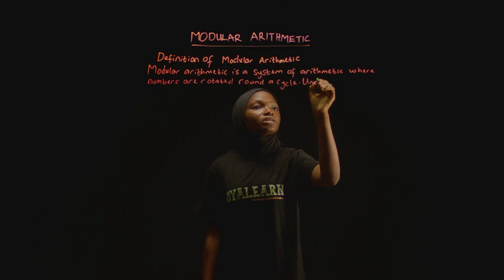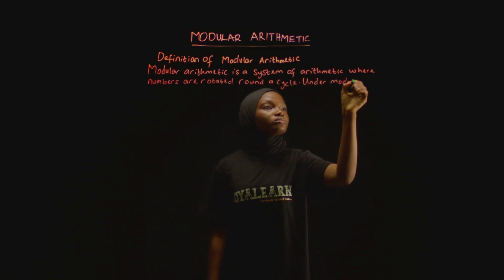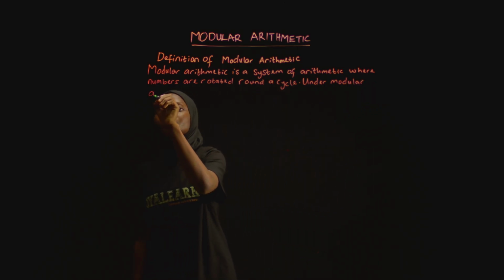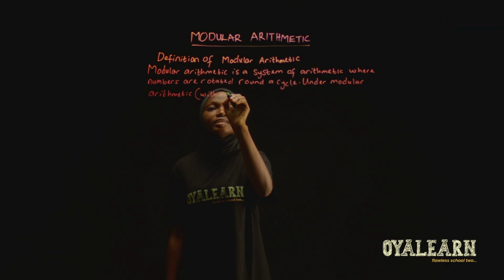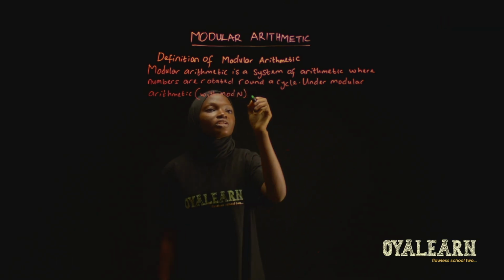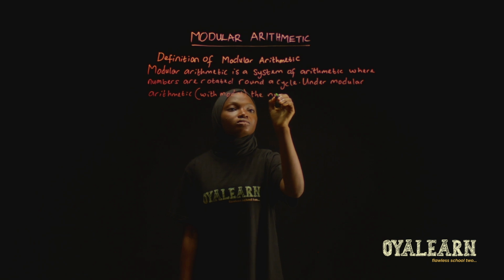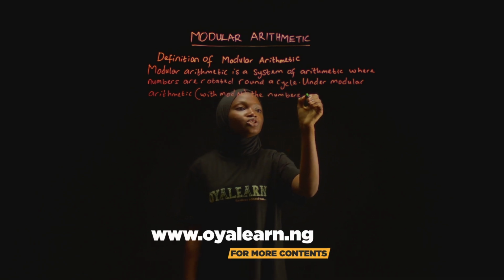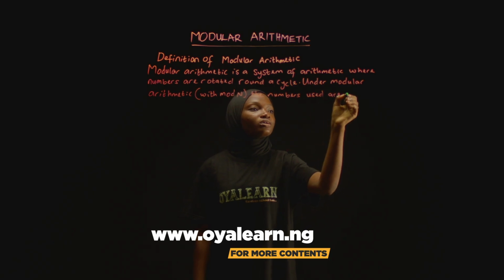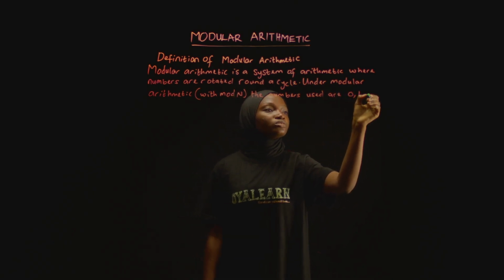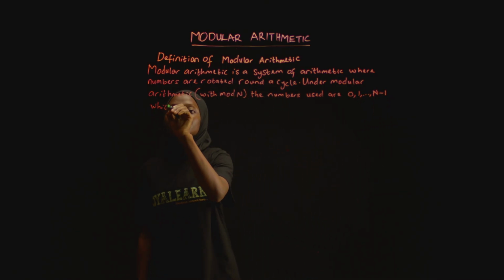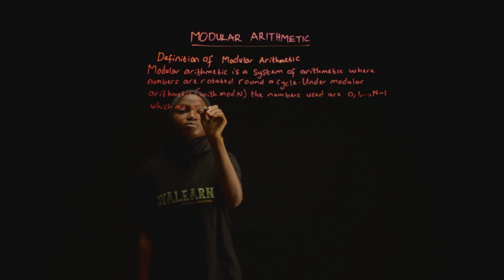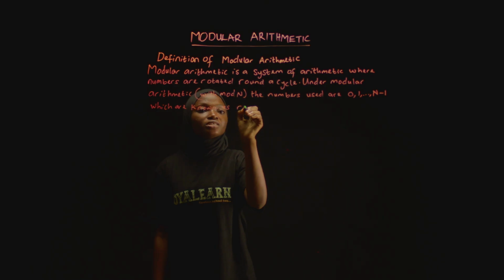Under modular arithmetic, with a specific mode, mode n, the numbers used are 0, 1, 2, up to n minus 1, which are known as residues.